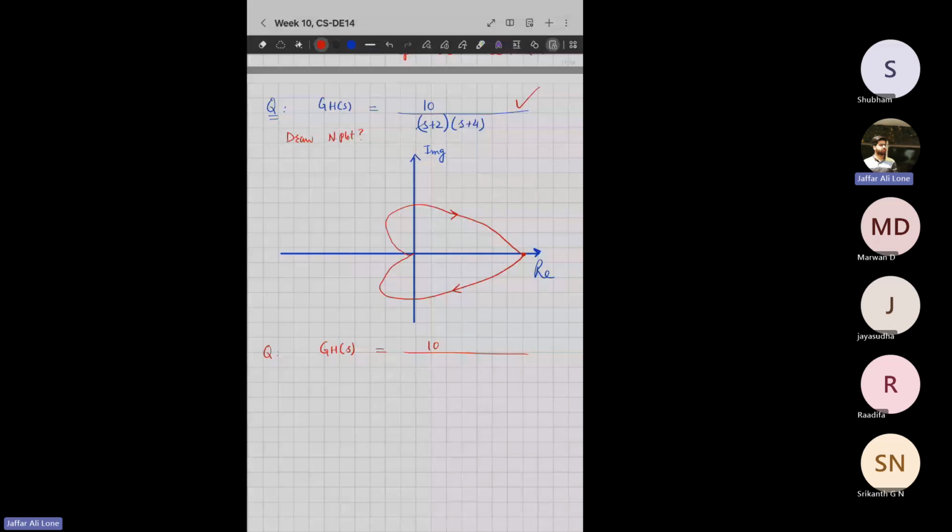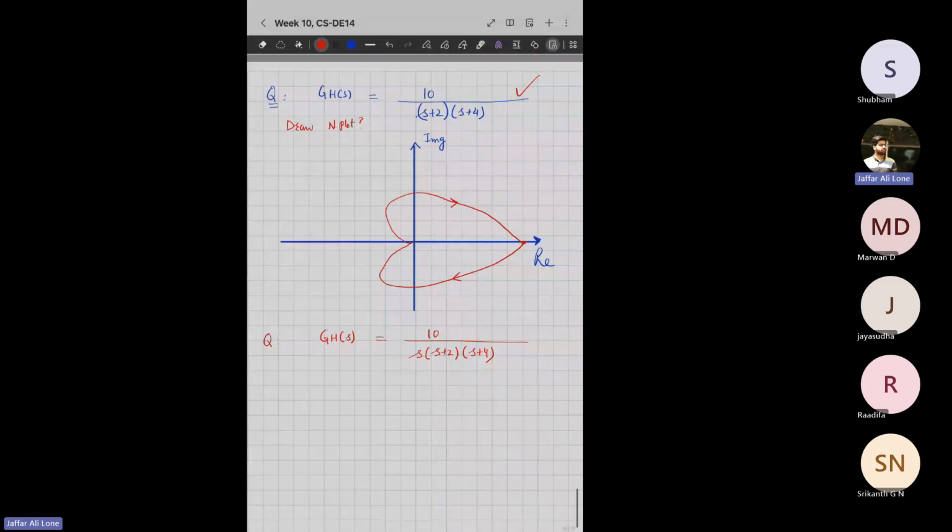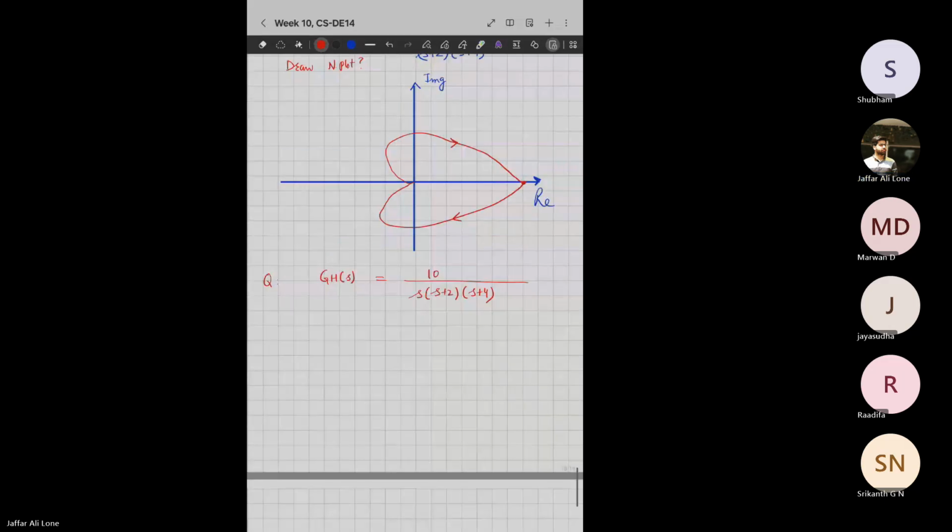Now my system is type 1, order 3. Let's draw the Bode plot. Let's draw the Nyquist plot. It's right here only. No, wait.